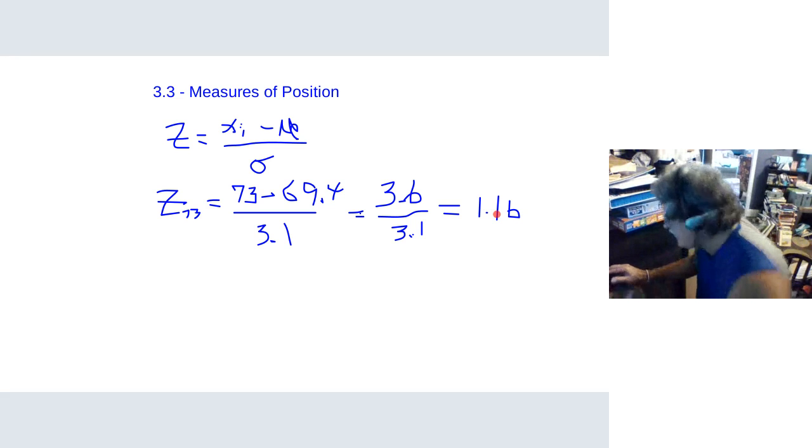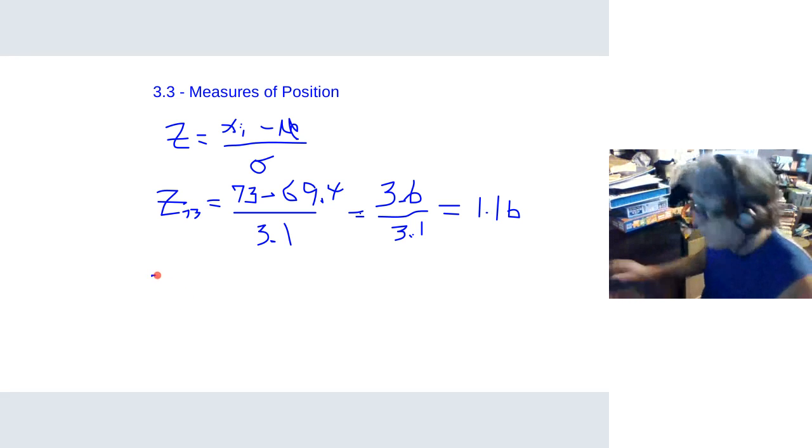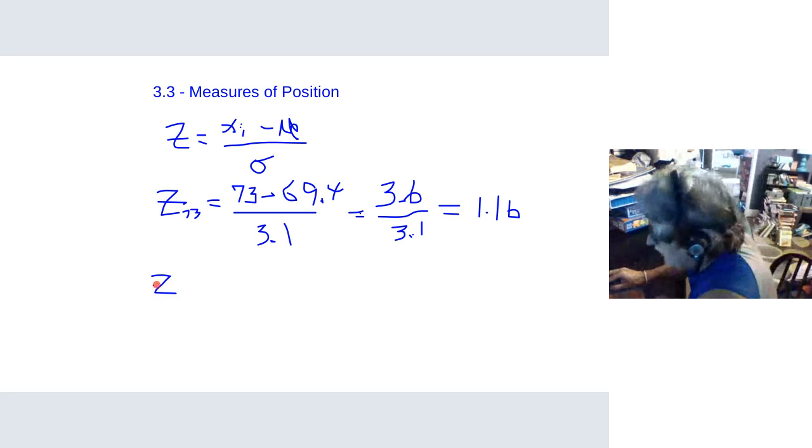All right. So now let's do the lady. It was 68 inches tall. So I'm just going to put a little 68 here, just so we know which one is which. We could even put 73-inch tall man here and then a woman here, just so we know which is which. So it was 68.